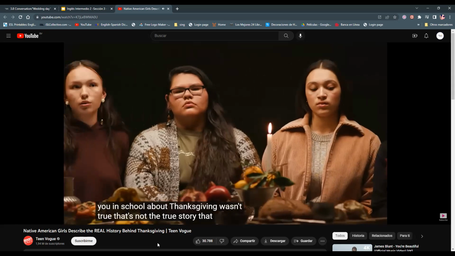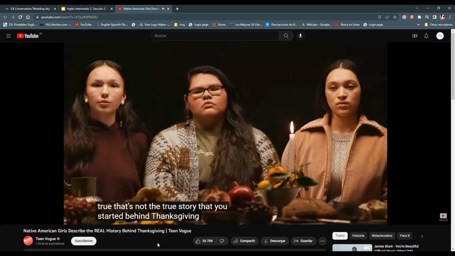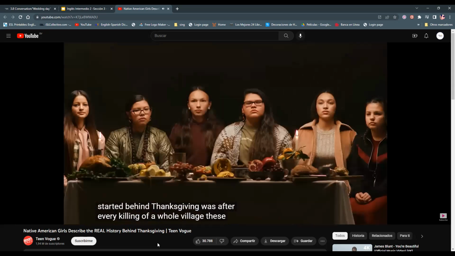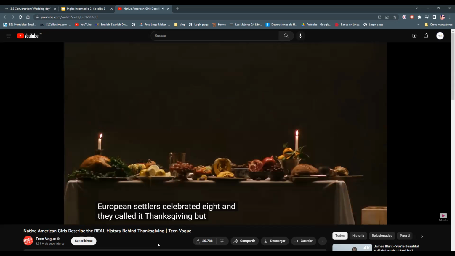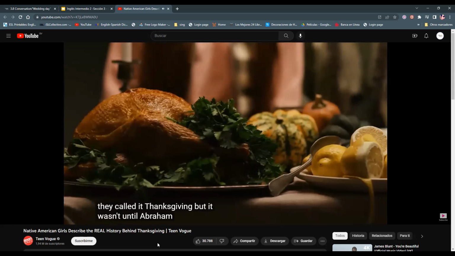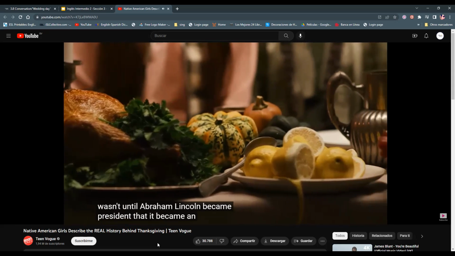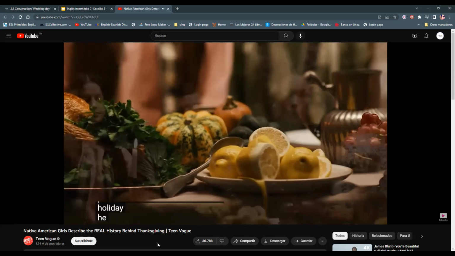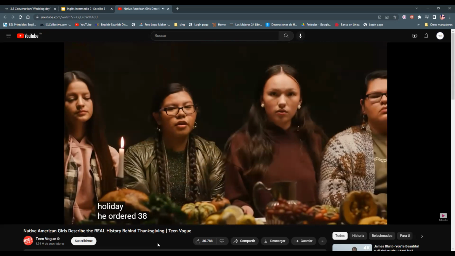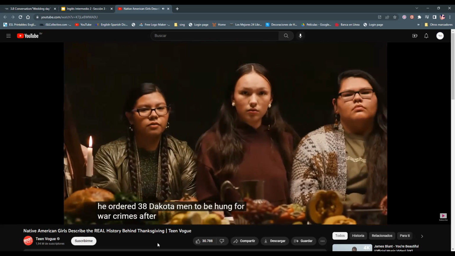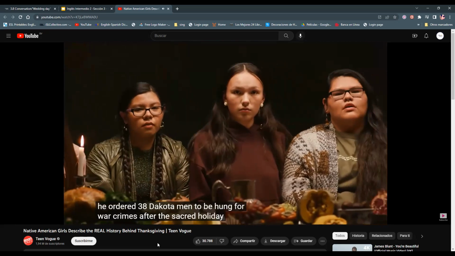The true story behind Thanksgiving was, after every killing of a whole village, these European settlers celebrated it, and they called it Thanksgiving. But it wasn't until Abraham Lincoln became president that it became an official holiday. He ordered 38 Dakota men to be hung for war crimes after the sacred holiday Christmas.